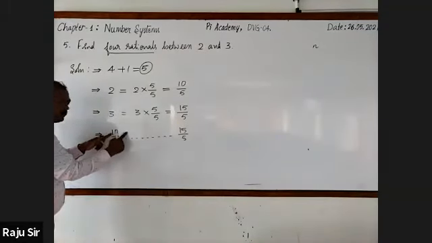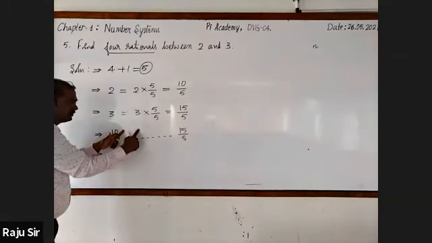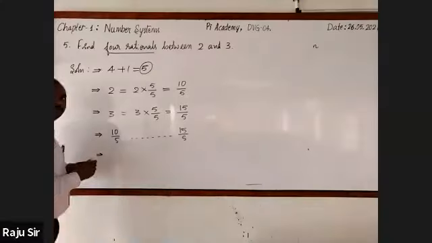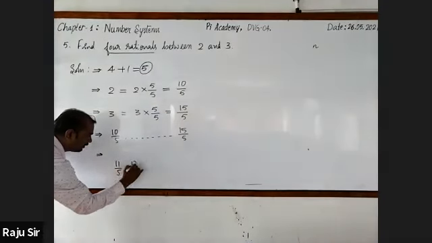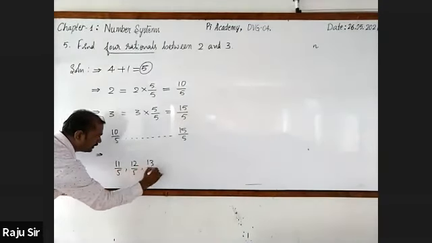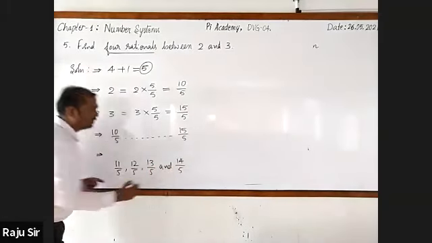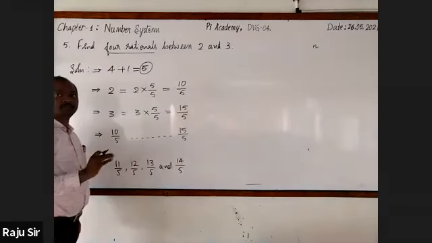The next number will be 11 by 5. Next, 12 by 5. Next, 13 by 5. Next, 14 by 5. Right. 11 by 5, 12 by 5, 13 by 5, and 14 by 5. So these are the 4 rationals between 2 and 3.